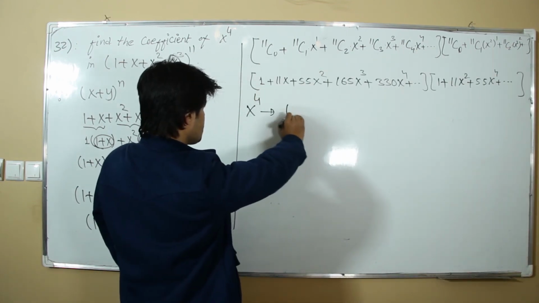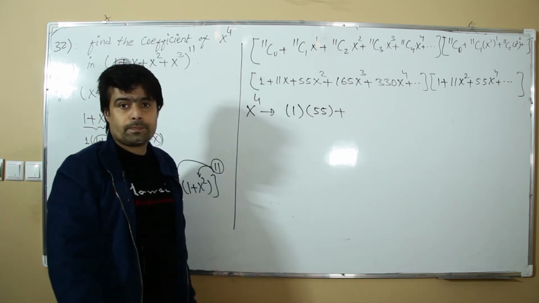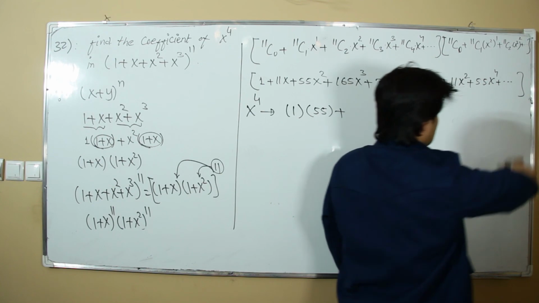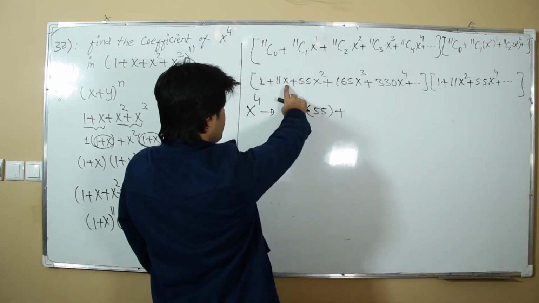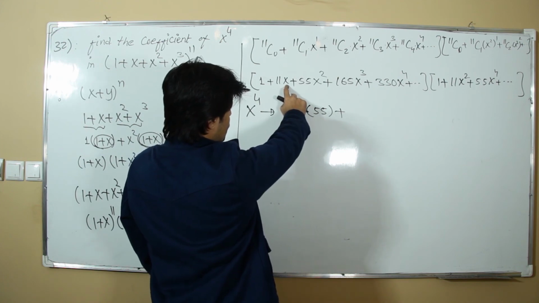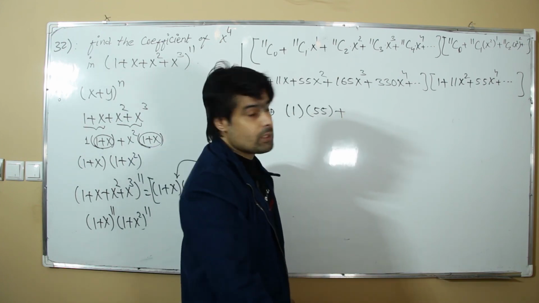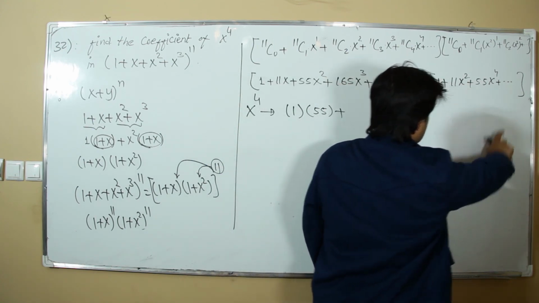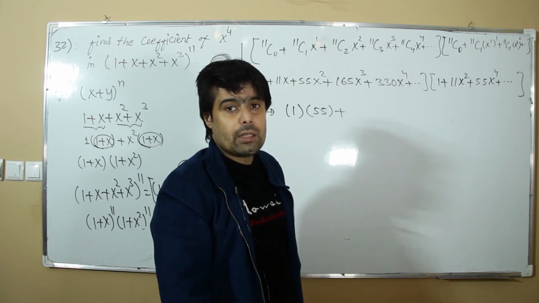So the first one is 1 times 55 plus the next one. The remaining terms, it's x to the power 5 that we do not need. If we multiply x with which power, it gives x to the power 4? With x to the power 3, but there is no x to the power 3. It's x squared, x to the power 4, x to the power maybe 6, I mean the even numbers.